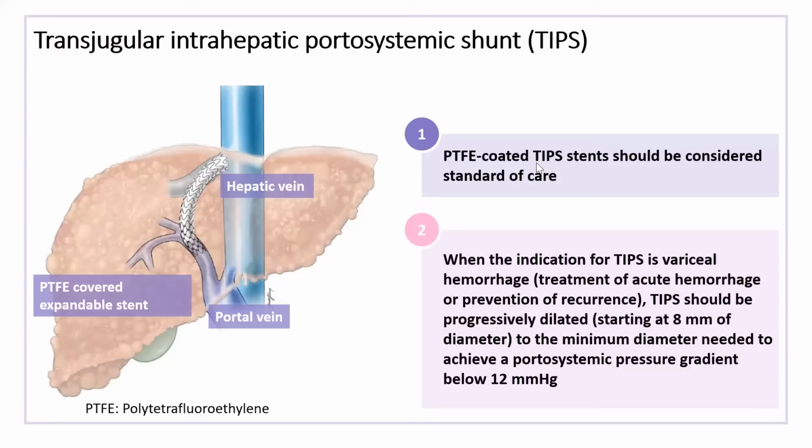It has been shown that the 8 millimeter diameter stent may be enough to prevent recurrence of bleeding and prevent complications like hepatic encephalopathy. And now the stents that we have are of variable diameter and can be increased to reach the optimal portosystemic pressure gradient, as compared to previous stents that had fixed diameter.